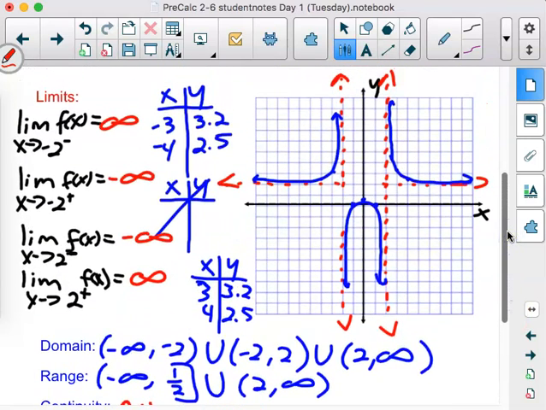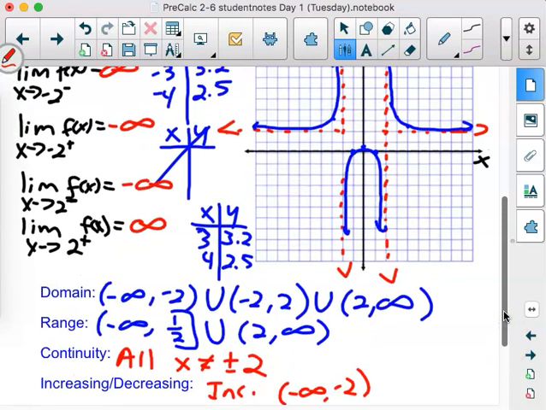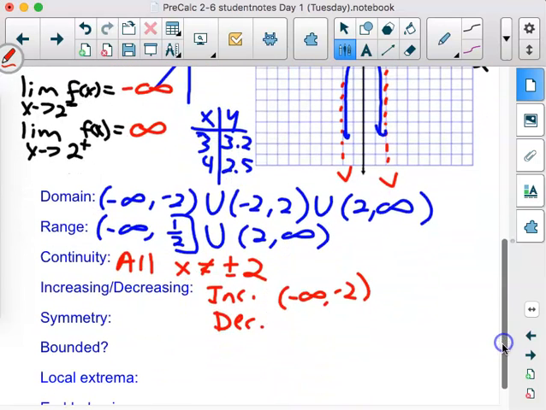So this branch is definitely increasing from left to right, and that's negative infinity to negative 2. The middle portion, what looks like a parabola here, was increasing until we got up to 0. So that's going to be from negative 2 to 0. And again, if it bothers you not to have anything between them, put a comma in there and you'll be good.